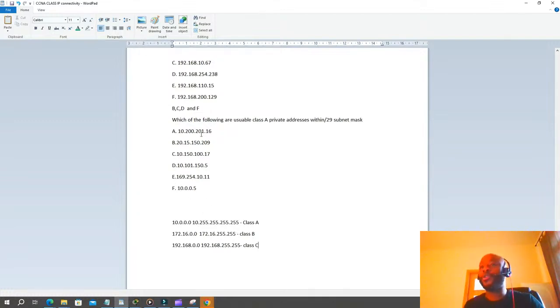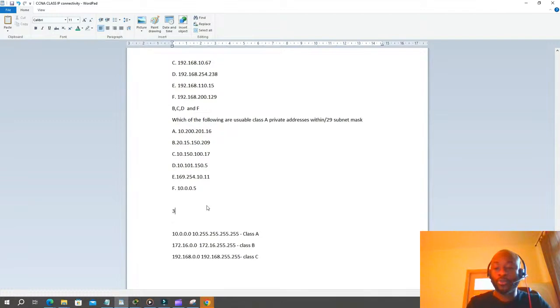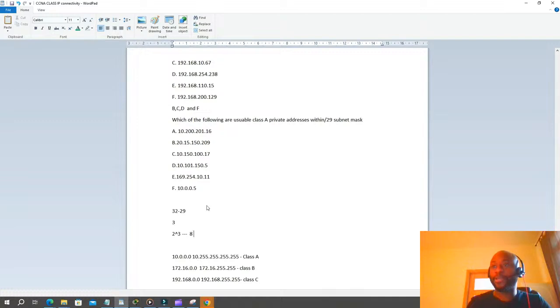So when you look at it right now, we're gonna just use the formula we're using as well. 32 minus 29 gives you 3. 2 raised to the power 3 gives you 8. So 8 is what we're using for this.